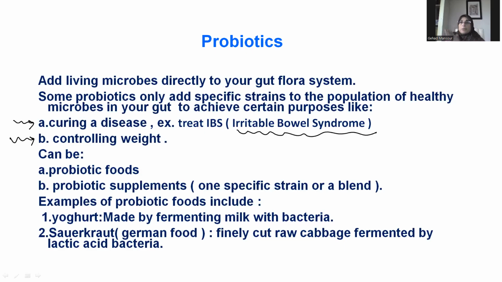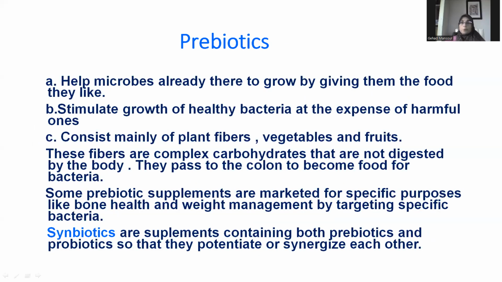Either you eat food like yogurt that contains the healthy bacteria, or you take pills, which we call probiotic supplements, that contain the bacteria. Yogurt is not the only type of food that contains healthy bacteria and is considered a probiotic. We also have a German type of food called sauerkraut, which consists of raw cabbage that is fermented and also acts as a good probiotic.